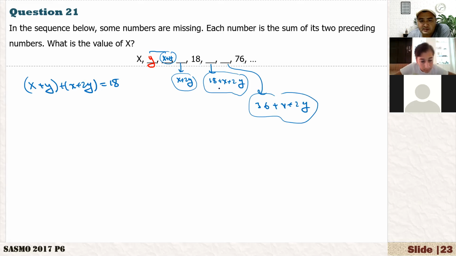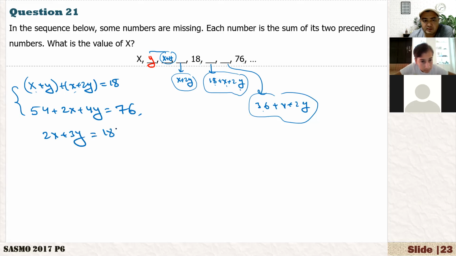Let me simplify this. 18 plus 36 is equal to 54. And x plus x is equal to 2x. And 2y plus 2y is equal to 4y. That's equal to 76. Now we just need to solve these two equations. From the first one, 2x plus 3y is equal to 18.